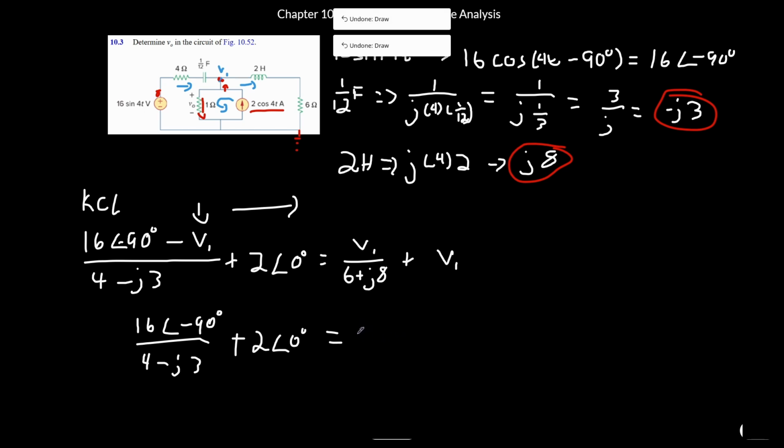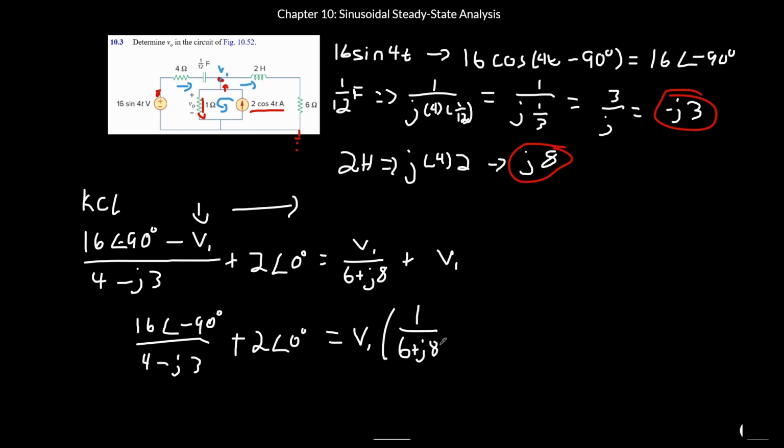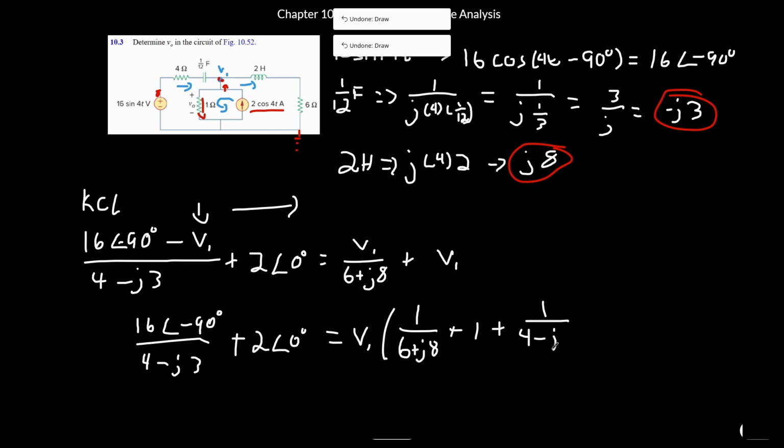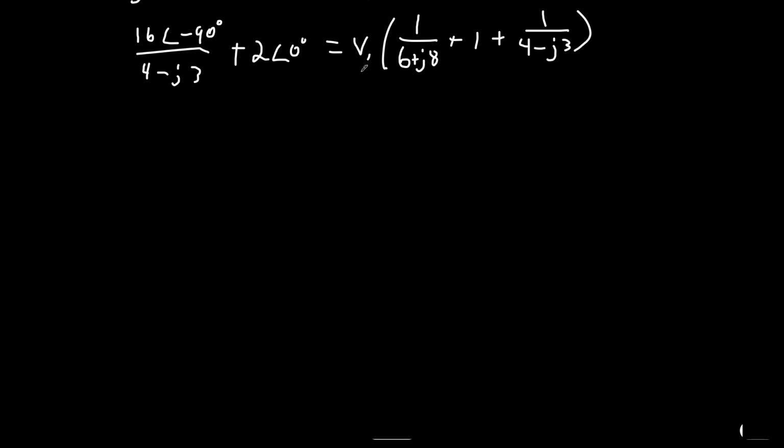In fact, we'll just factor out the V1, do 1 over 6 plus j8 plus 1 plus our V1 from over here, which is just going to be 1 over 4 minus j3. So we're left with this equation, and what we want to do is solve for the node voltage. So the node voltage is of course V1, and to solve for V1 we'll just divide both sides by this variable.